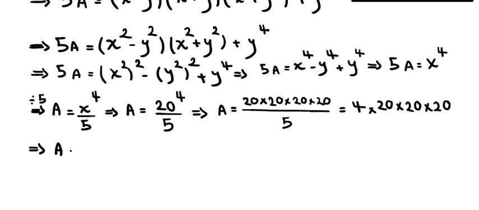Therefore the final answer is 20 multiply 20 multiply 20 equals 8,000, and 8,000 multiply 4 equals 32,000, and this is the final answer of this problem.